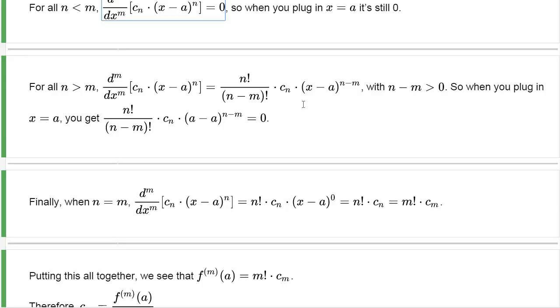We don't really care about that because we're going to plug in x equals a, and we're going to get 0 in this spot. Okay, here's a minus a. So it doesn't matter what this coefficient is, it's multiplied by 0, and so that's 0. Anytime the index in our sum, the power on our term, is bigger than the order of the derivative, we also get 0.